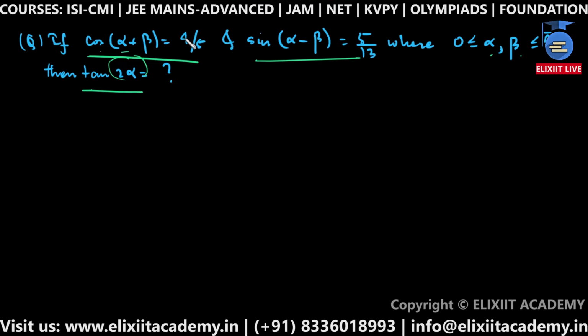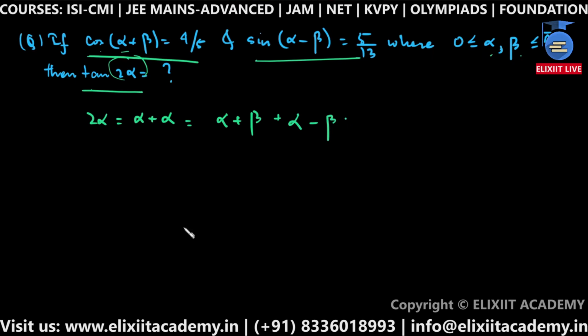We are going to break this, adjust this angle of this tan part in terms of alpha and beta. Now 2 alpha, so definitely we can write this as alpha plus alpha. To bring one extra plus beta and minus beta, we'll simply add and subtract. Basically what I'm trying to say is you can write 2 alpha as alpha plus alpha. Further, we can write this as alpha plus beta plus alpha minus beta.